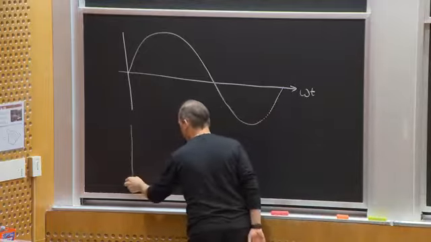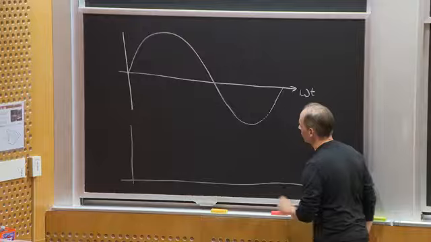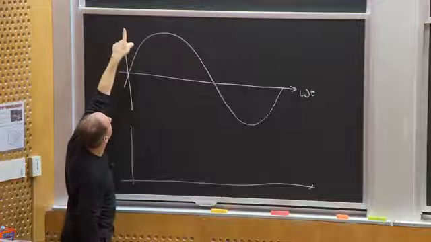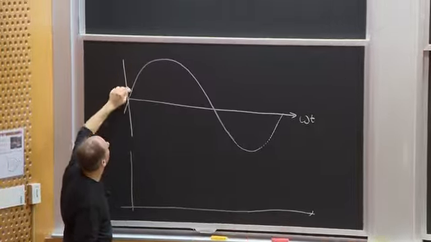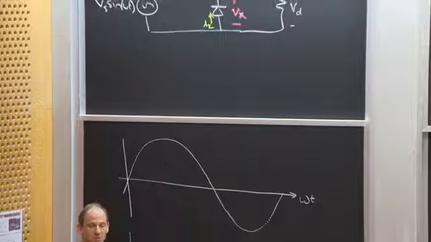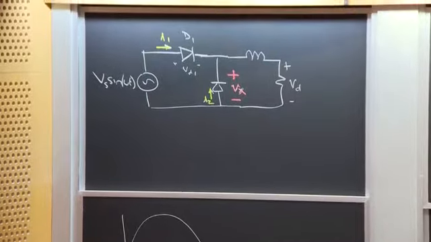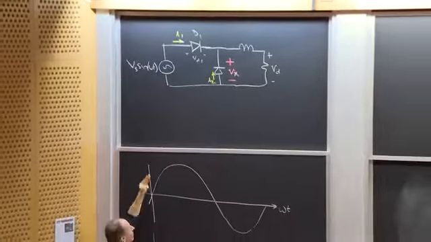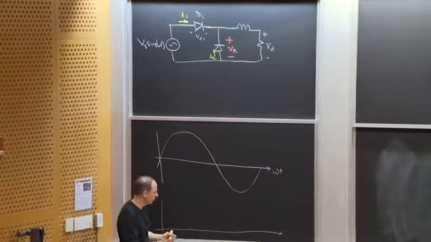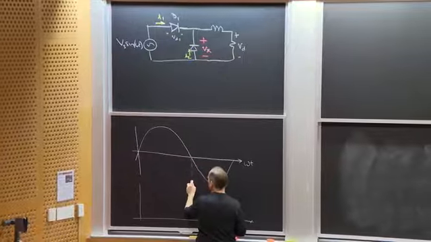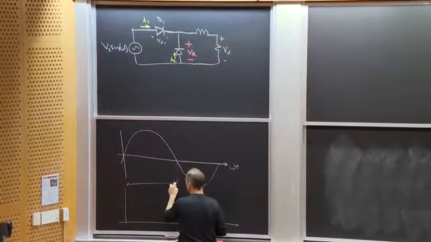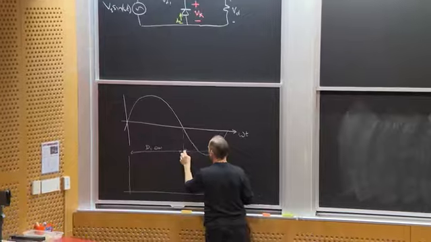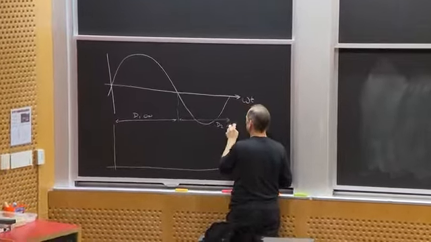What we found in our analysis is this: once the voltage waveform crosses 0 positive here, D1 must be on and D2 must be off, because otherwise we would violate the method of assumed states. If I assumed D2 was on, then D1 would have a positive voltage across it, and I know that can't be true. So in this time period, I have D1 on, and in this time period, I have D2 on.